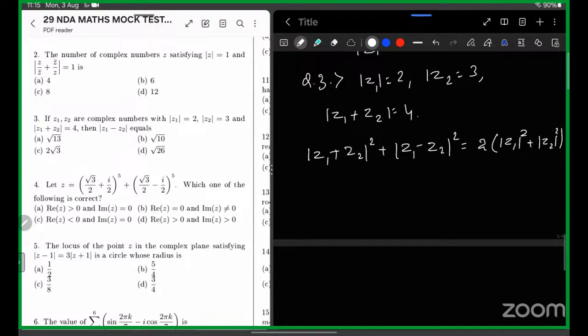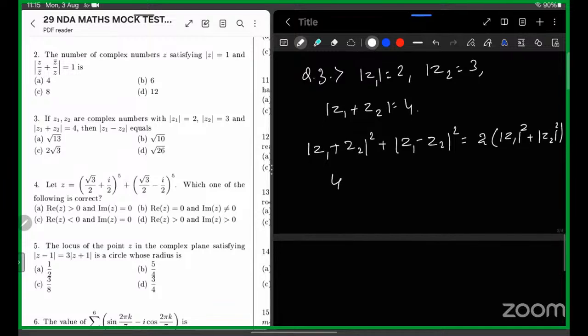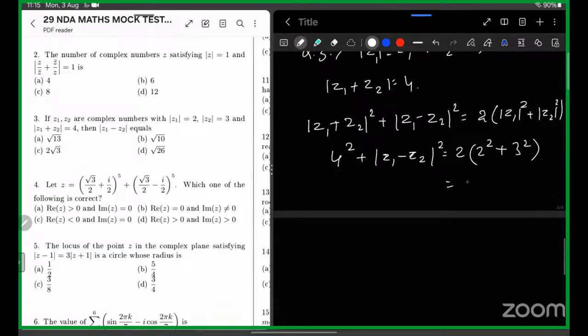Putting the values, this is equal to 4 square. This we need to find, equal to 2 times 2 square plus 3 square. So how much do we get? 4 plus 9, 13 into 2, 26.